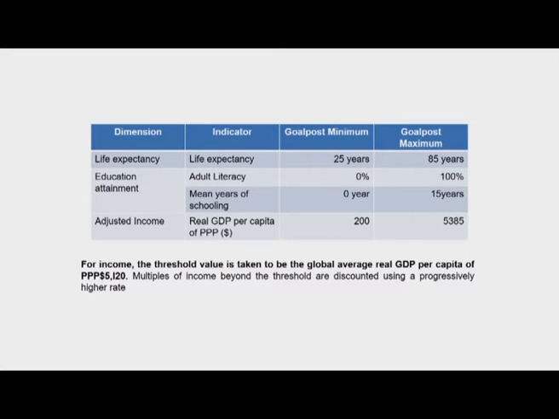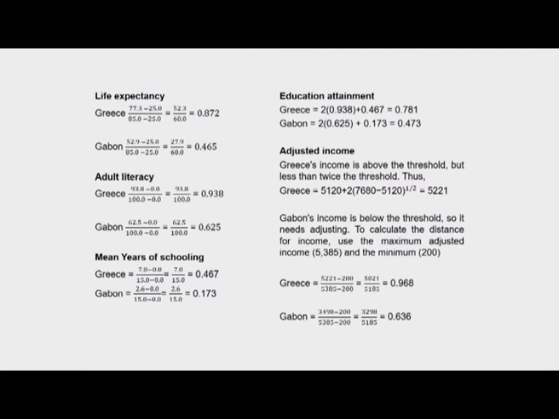And adjusted income: the minimum was fixed at $200 and the goal post maximum was 5,385, which is basically discounted using a progressively higher rate. And for income, as I have already mentioned, the threshold value was taken to be the global average real GDP per capita of $5,120.